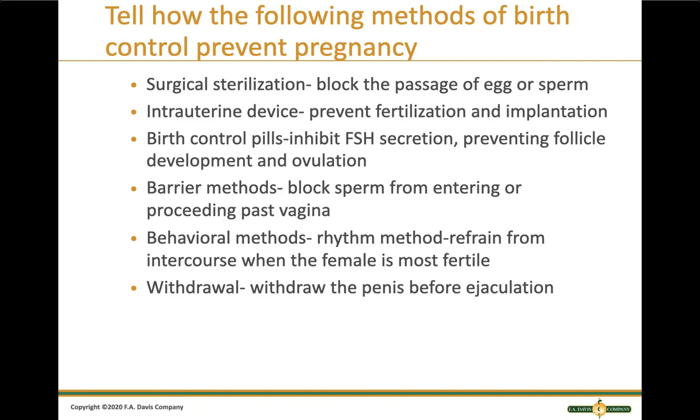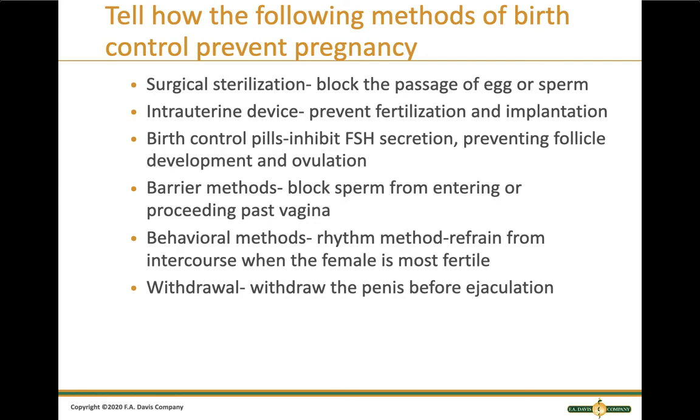Then we need to talk about some different birth control methods. So surgical sterilization is cutting the vas deferens or the fallopian tubes, which will block the passage of egg or sperm. That is permanent. It is very, very highly effective. An intrauterine device can be placed in the uterus. They prevent fertilization and implantation.